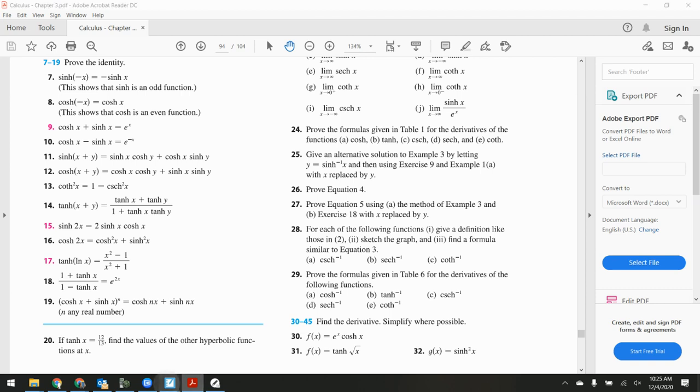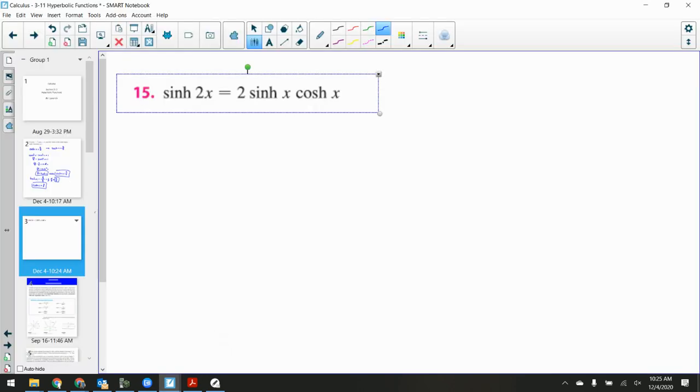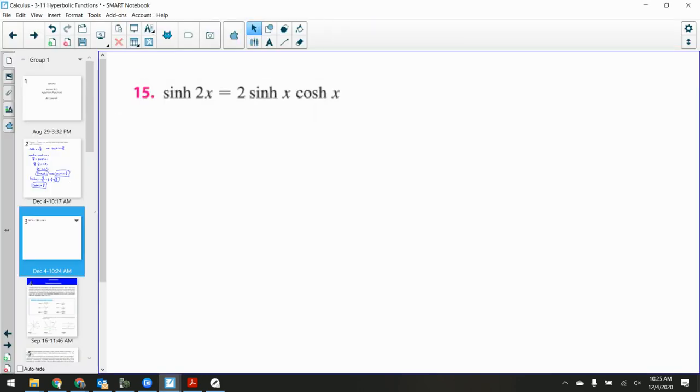All right, here we go. I think I announced yesterday that this one was easier if you went at it from the right side, right? So here's the route I took. Just start by saying, we got 2 sinh of x cosh of x.